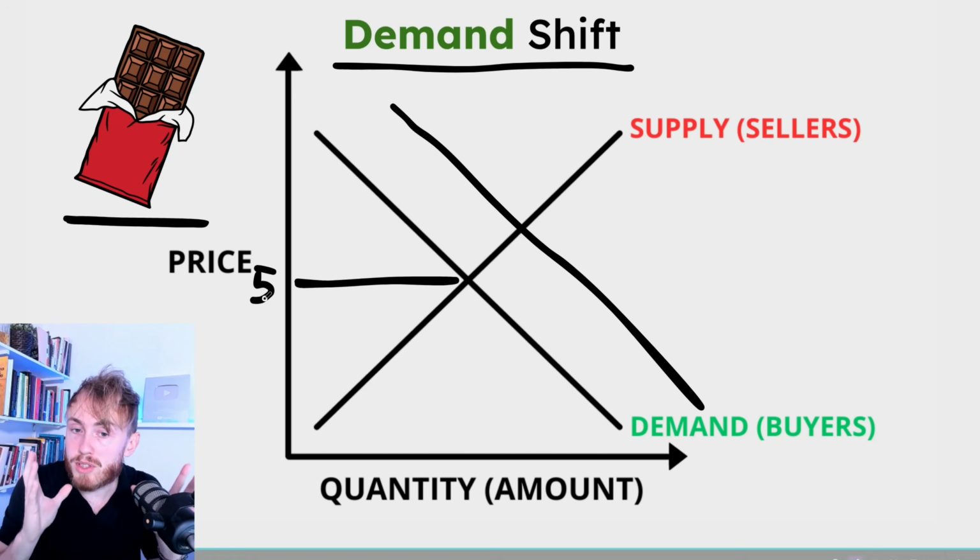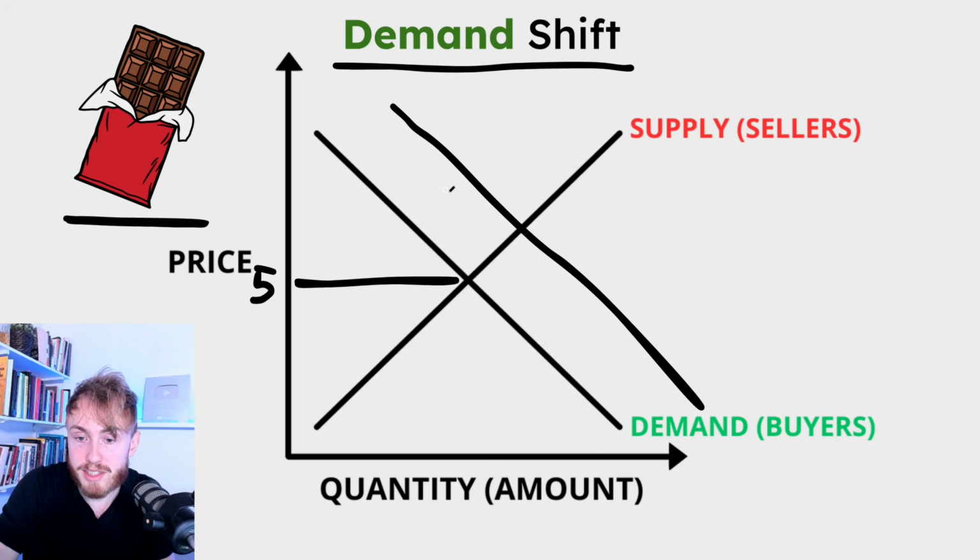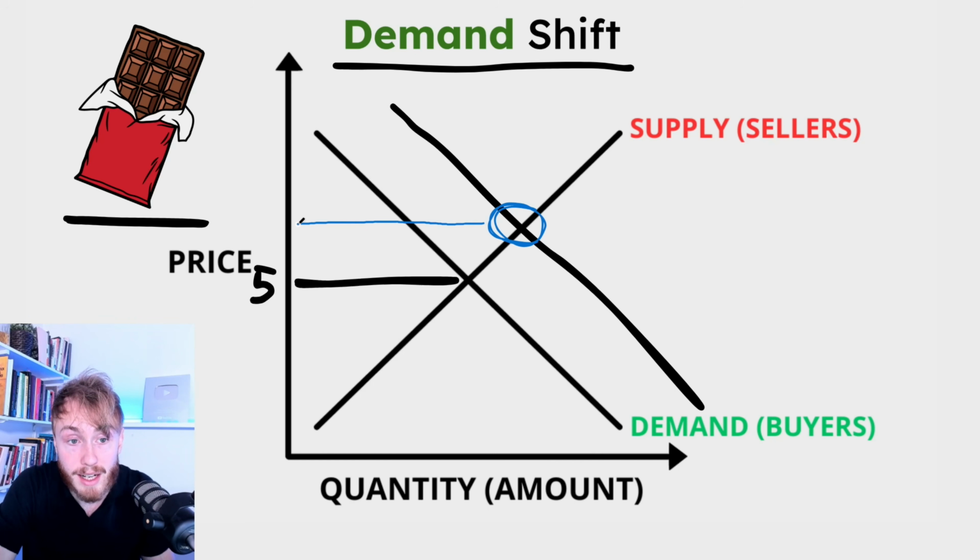But what you will notice right here is that because of this shift in the demand curve, we will now have a new equilibrium point. Remember, the equilibrium point is where the supply and demand curve meet each other. So you can see that the new equilibrium will actually be higher.